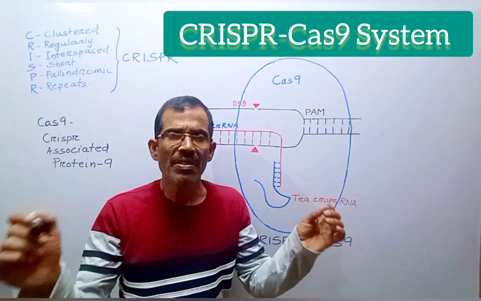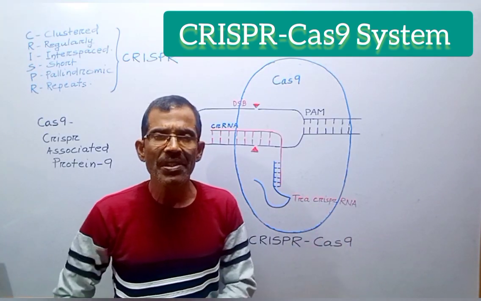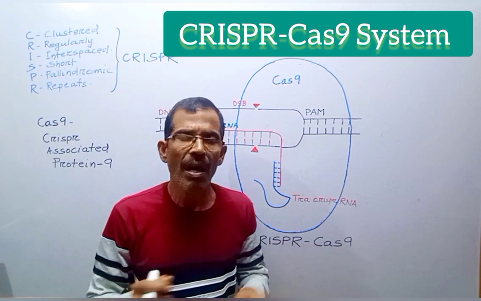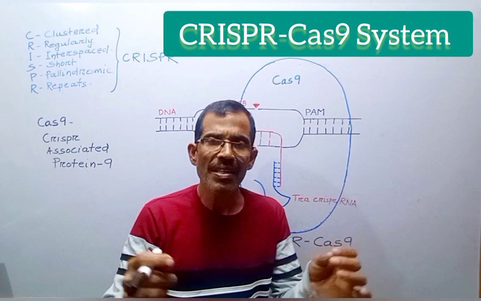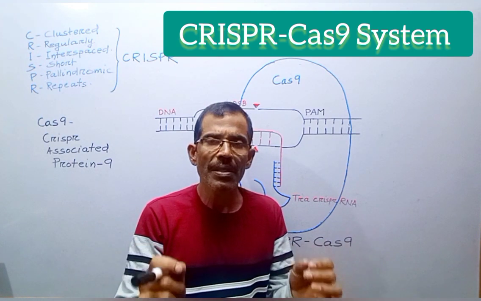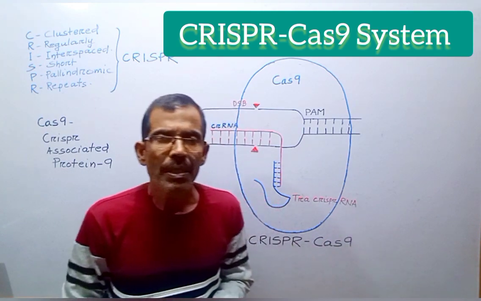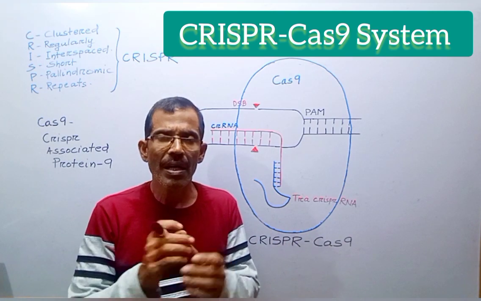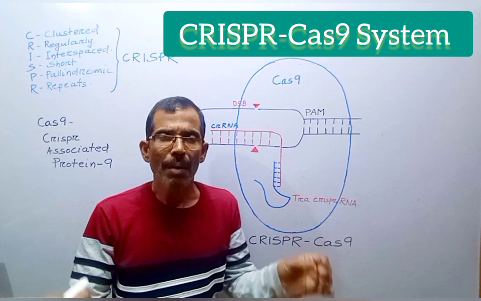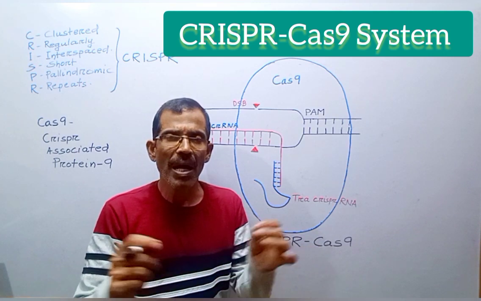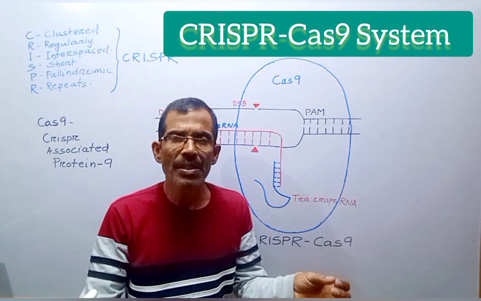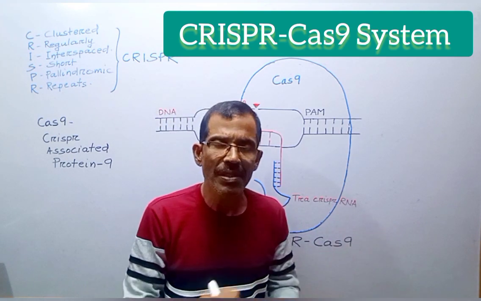The CRISPR-Cas9 system, which has a role in adaptive immunity in bacteria, is the most recent addition to the genome editing toolbox. Type 2 CRISPR system protects the bacteria against the DNA from invading viruses and plasmids via RNA-guided DNA cleavage by Cas proteins.